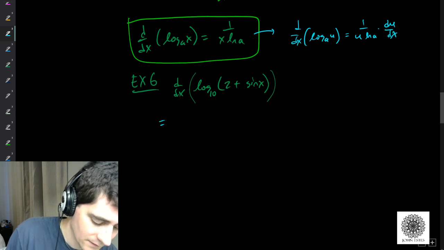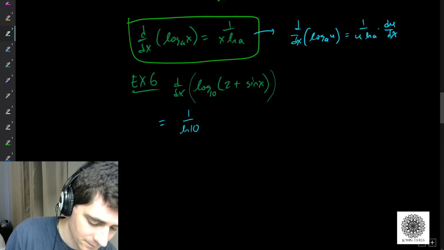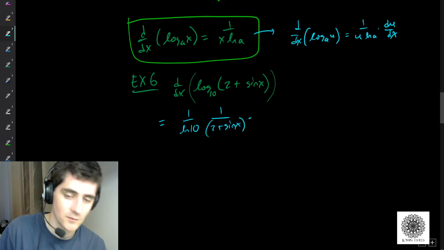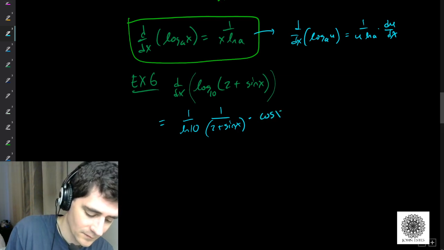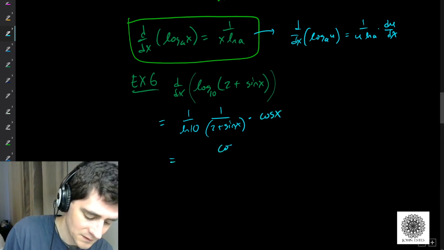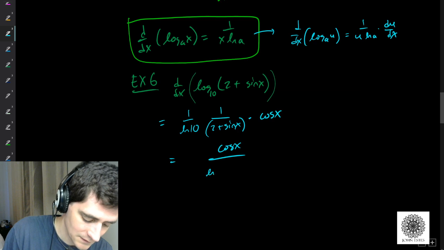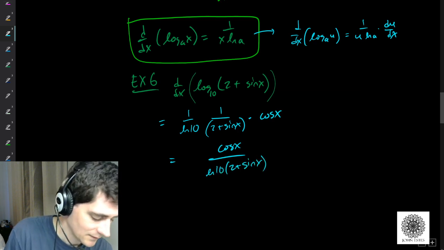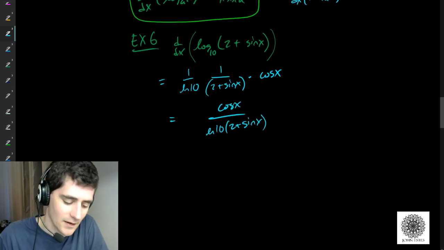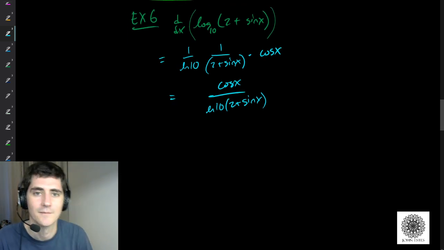So here, 1 over ln a is 1 over ln 10, times 1 over 2 plus sine x, times the derivative of 2 plus sine x, which is simply cosine x. So here I get cosine x over ln 10 times 2 plus sine x, and that's it. It looks complicated, but it's really not.